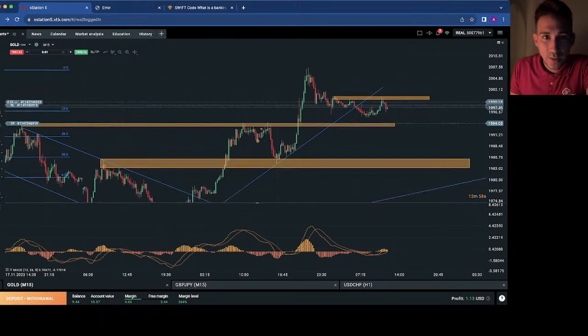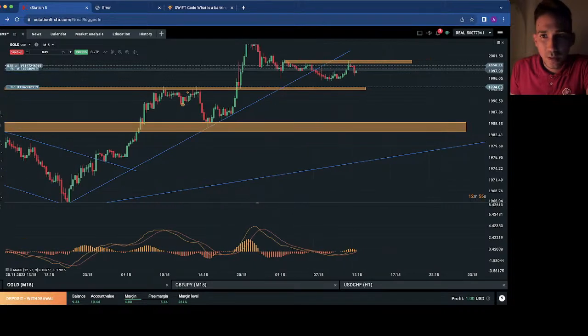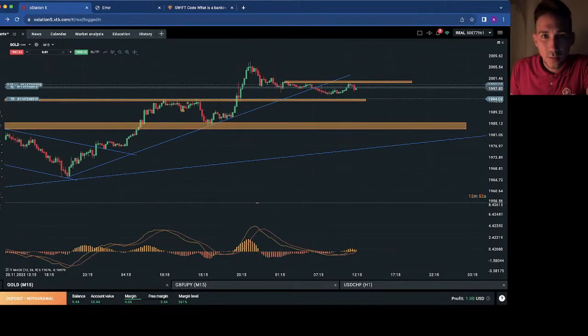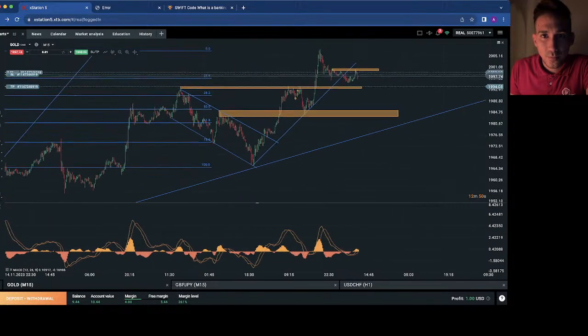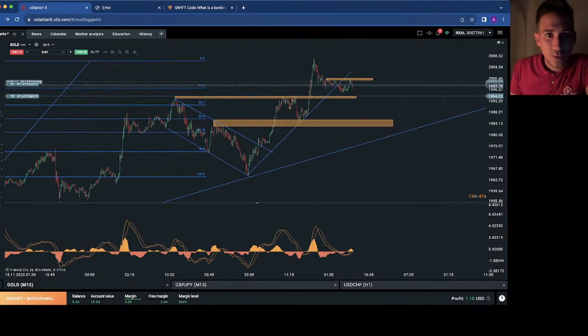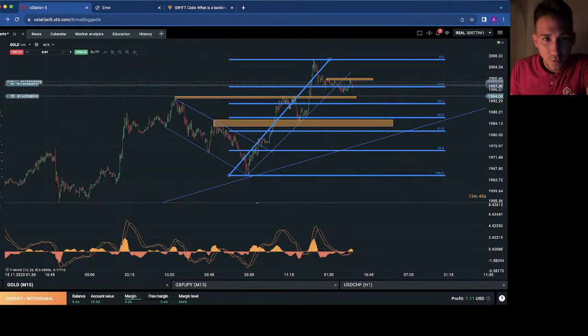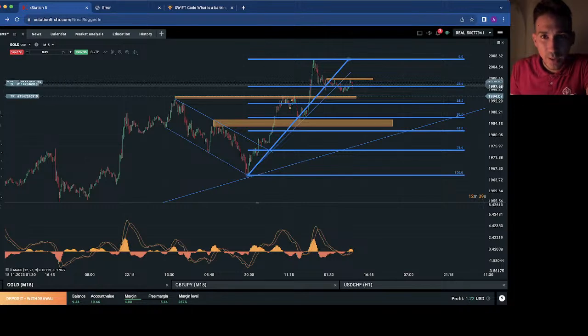It broke the trend line, and if we drag this Fibonacci tool on the previous swing low and then the previous swing high, we'll see that this is a zone in the 38.2 that hasn't been tested, and neither the golden zone on the 50% or 61%.